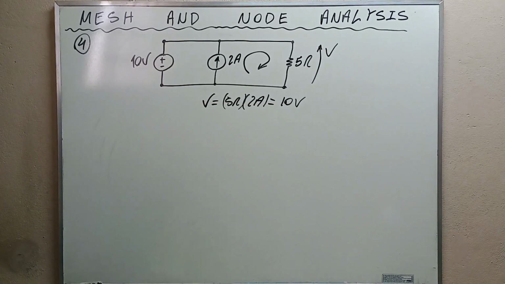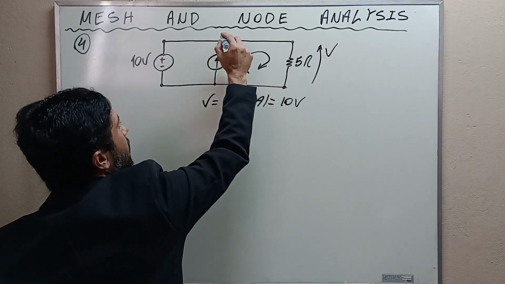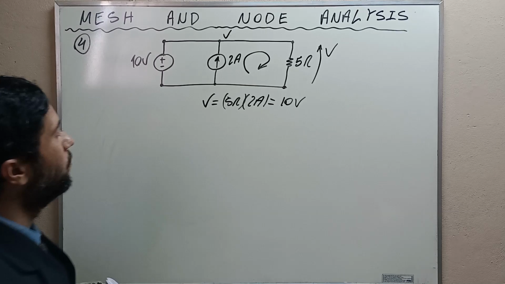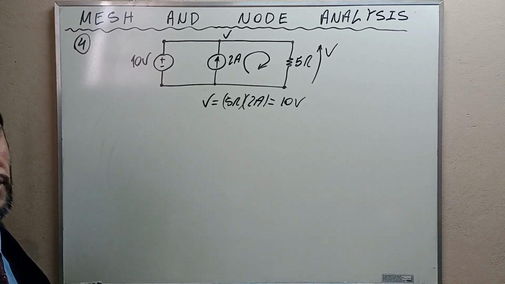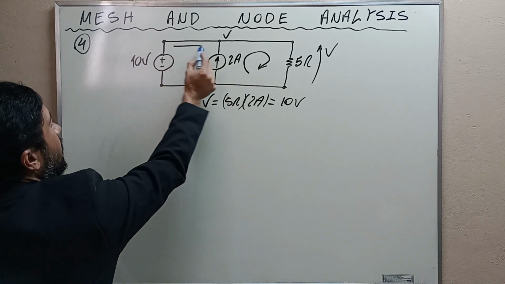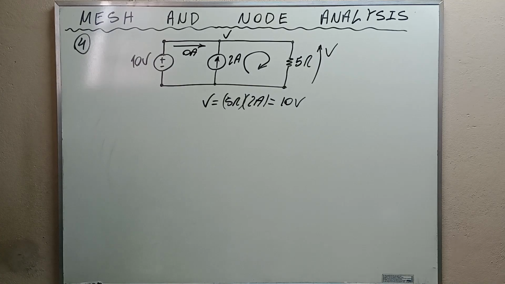Okay? Then this V here will appear here, and the V is precisely equal to this, which means that there is no current here. This current here is 0 amps.